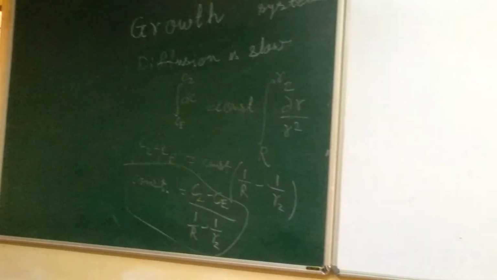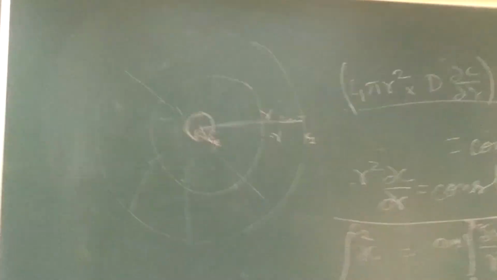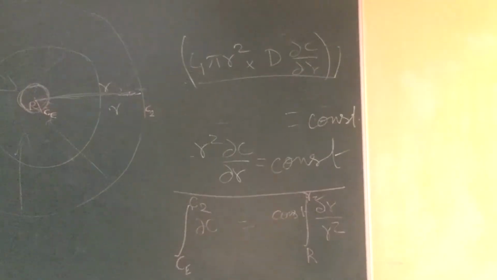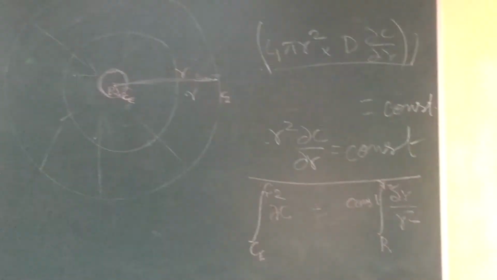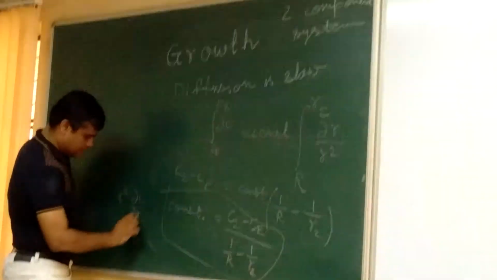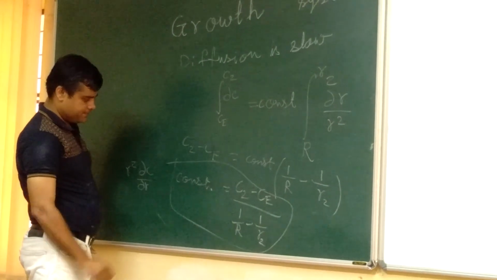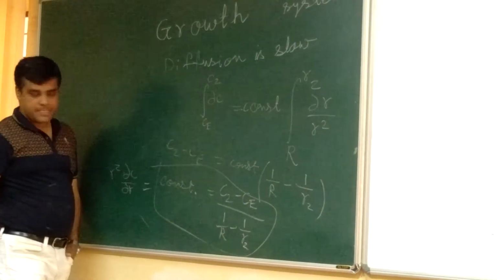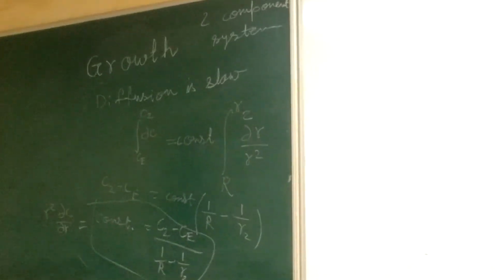And we had R square del C del R. So this constant is nothing but R square del C del R. Everyone is okay?